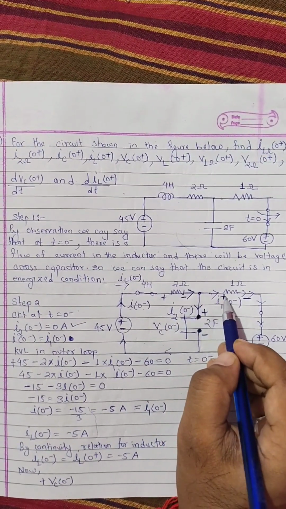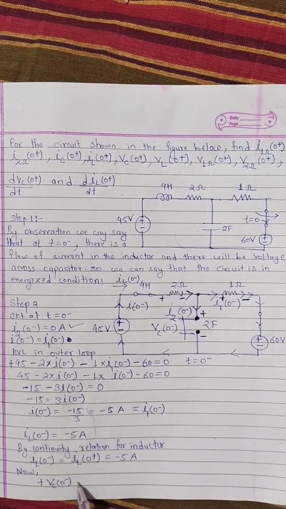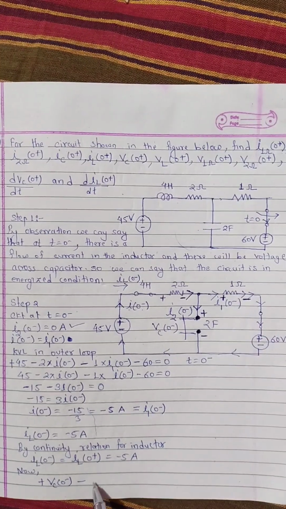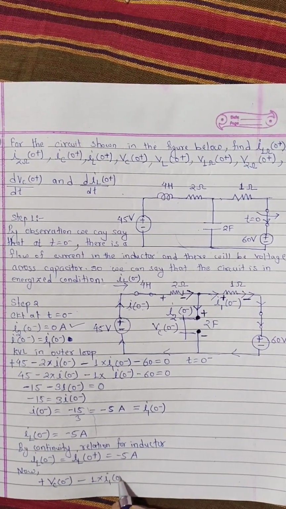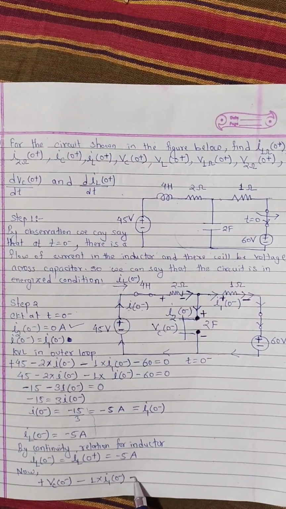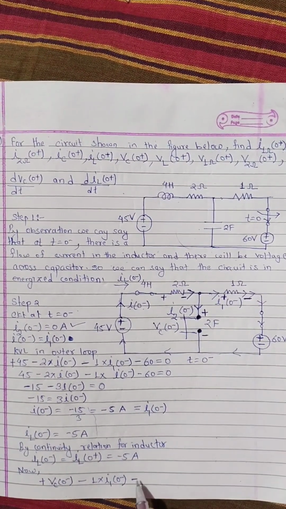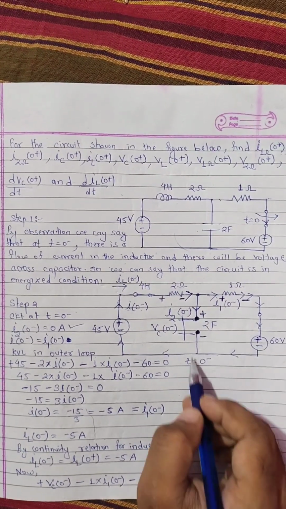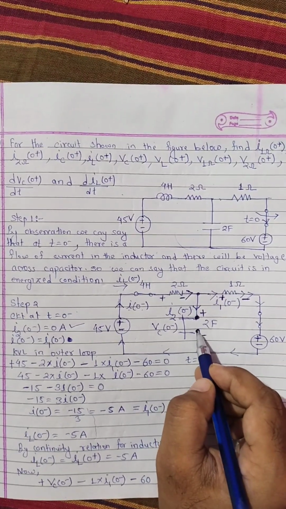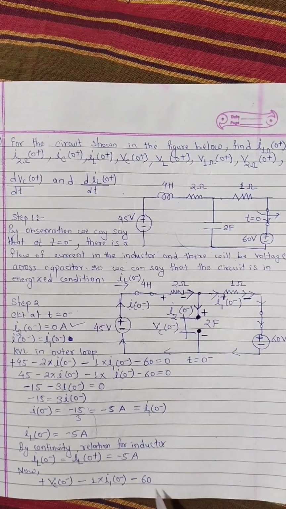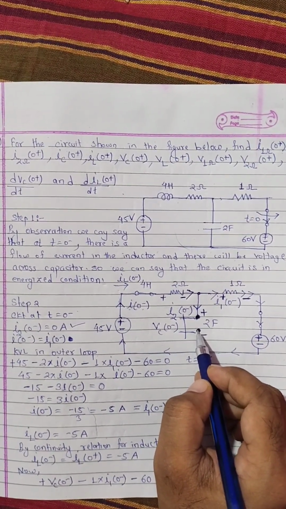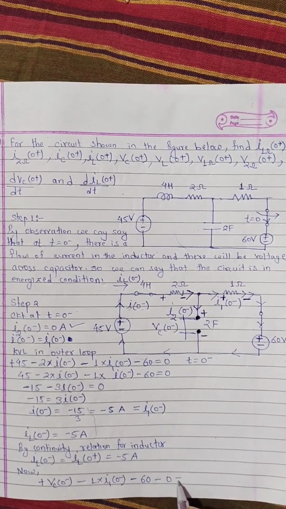If we move from plus to minus, we will get minus, and the drop in this 1 ohm is 1 into I10 minus. Similarly, if we move from plus to minus, we will get minus, and the value of this voltage source is 60. This is the finishing point, which is assumed to be lower potential, so the sign convention will be minus, and the value of lower potential is assumed to be 0.